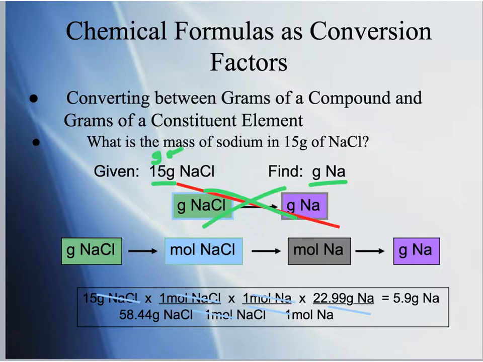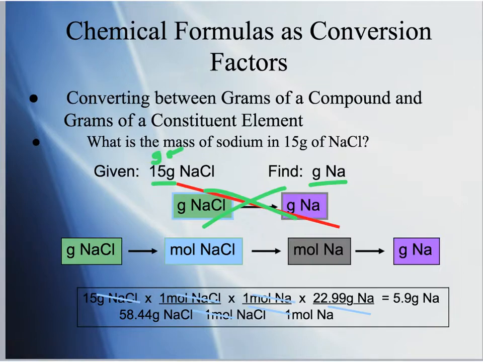So that's why we had to always go from grams to moles and then moles to grams. So if you remember mole island conversions, moles was always in the middle because moles is our middleman. Whatever we start with, we have to go through moles in order to end up with a certain number of grams of a different substance in the end.